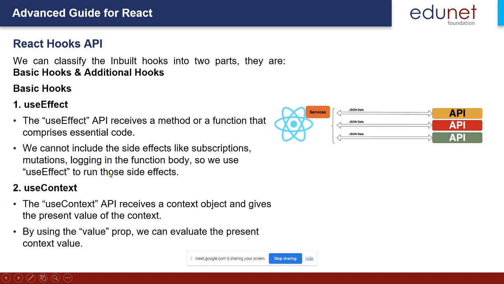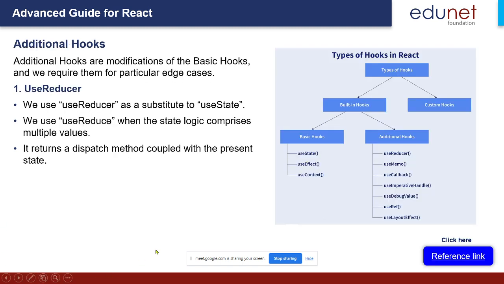So we can use useEffect to run those side effects. And useContext receives a context object and gives the present value of the context by using a value prop. This is the additional hooks. So this is like types of hooks.